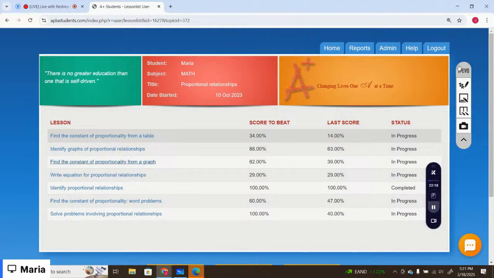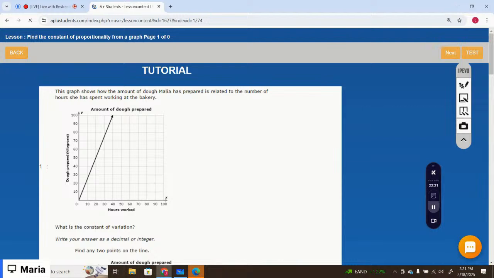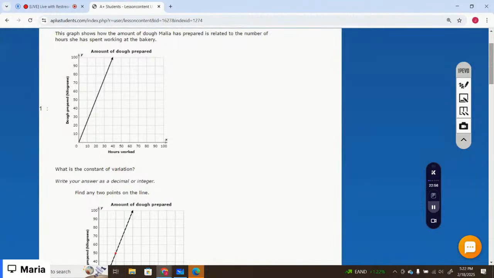The next lesson is find the constant of proportionality from a graph. This graph shows how the amount of dough Malia has prepared is related to the number of hours she has spent working at the bakery. What is the constant of variation?